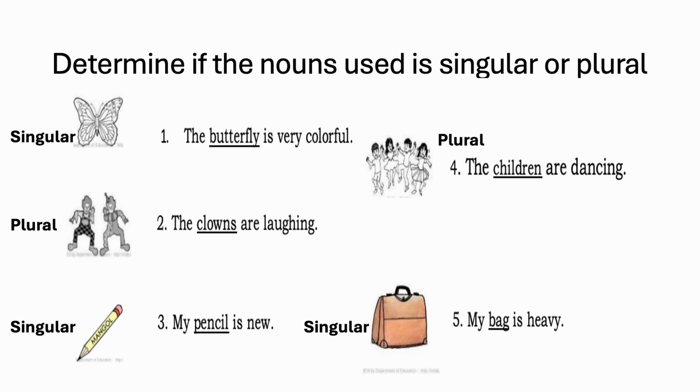That is a regular noun. Pencil, that's singular and it's a regular noun. Children, plural, it's also a regular noun. Bag, singular, regular noun. Did you get the correct answers? Very good.